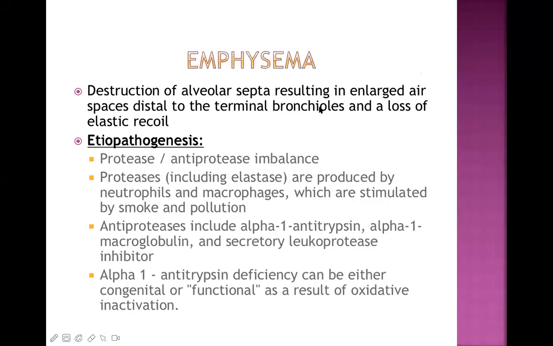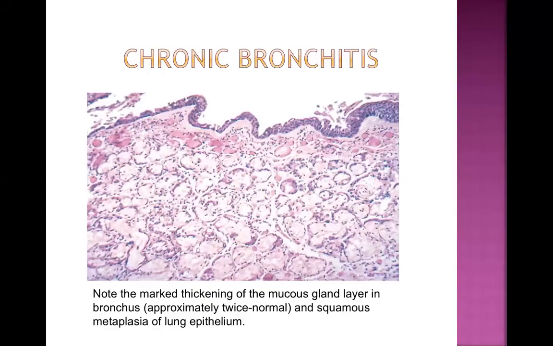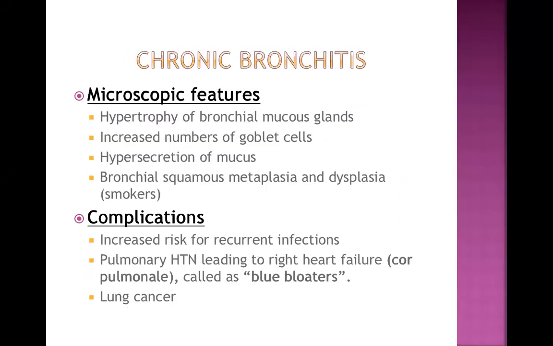Okay, so let's start again. Before the break, I was talking about the microscopic features of chronic bronchitis, what happens in the airway. Because of the constant irritation by smoke, cigarette smoking being the most common source, there is hypertrophy of both the bronchial mucus glands as well as an increased number of goblet cells.